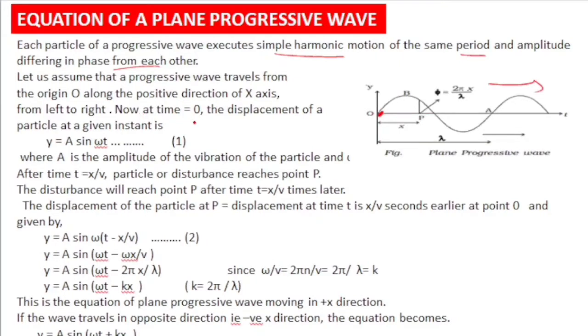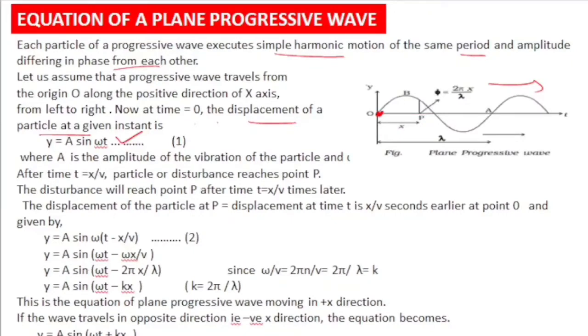At time t equal to 0, the particle executes simple harmonic motion. The displacement of a particle at the origin O is given by y equal to a sine omega t, where a is the amplitude of the vibration of the particle and omega is the angular frequency.